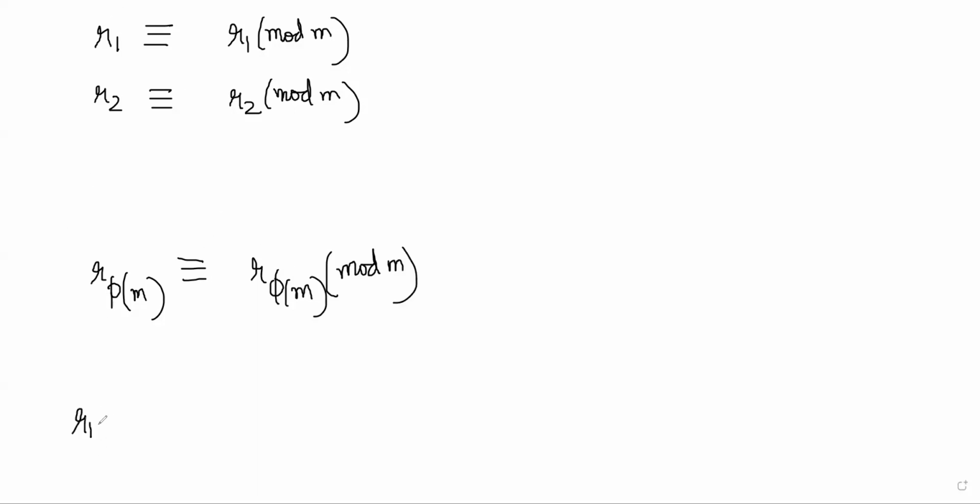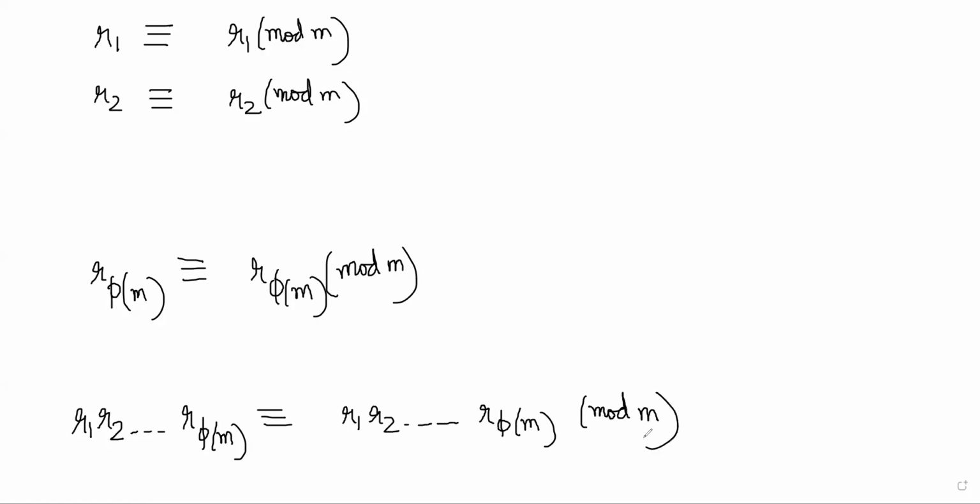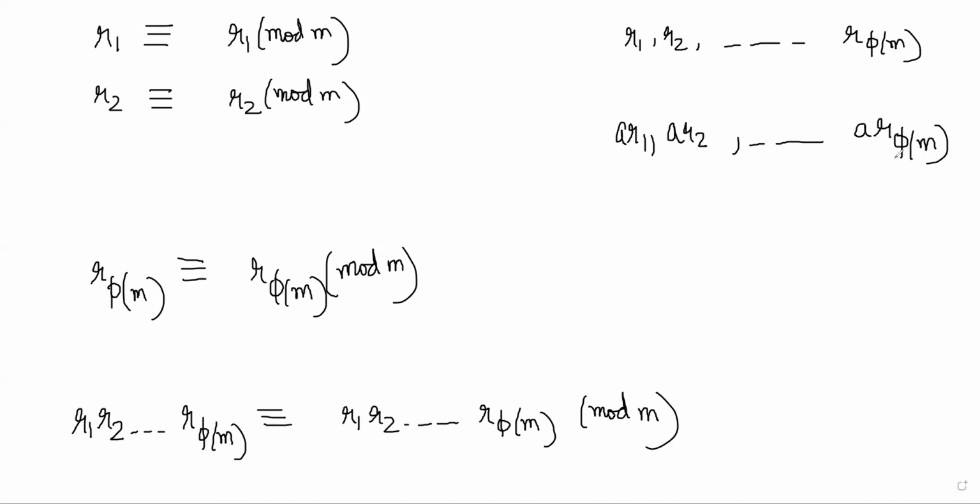On the face of it, this is looking like this. R1, R2, R phi M is congruent to R1, R2, R phi M mod M. It seems like we have done nothing, but actually it is quite important here because R1, R2, R phi M was a reduced residue system mod M. We know that AR1, AR2, AR phi M is also a reduced residue system mod M because GCD of A and M was 1, right?